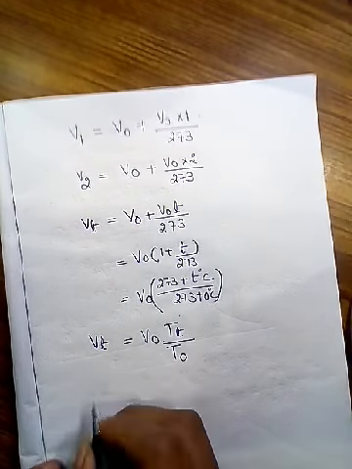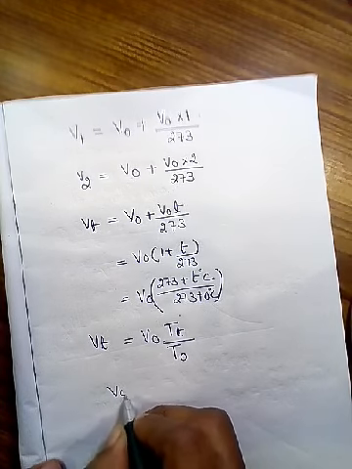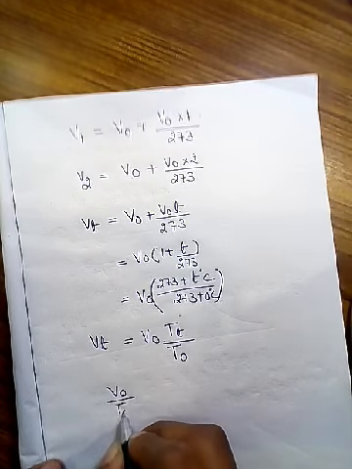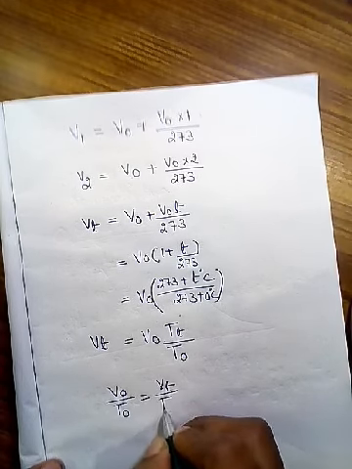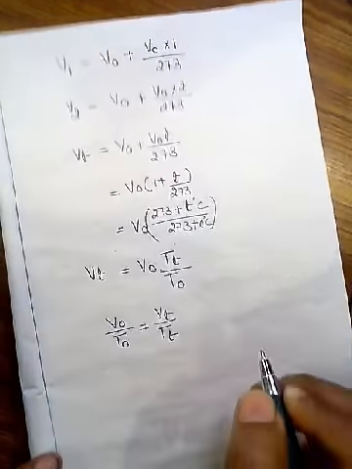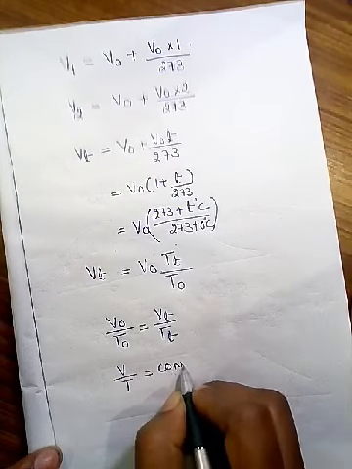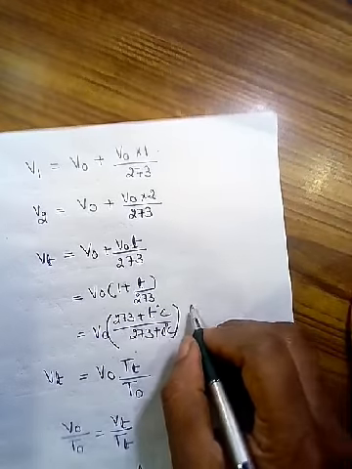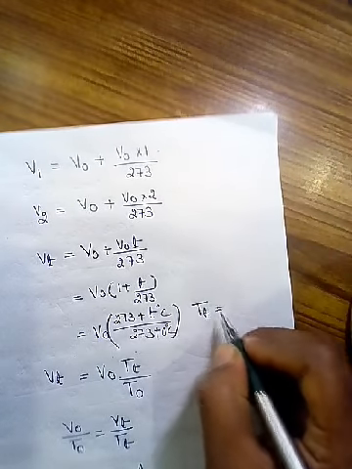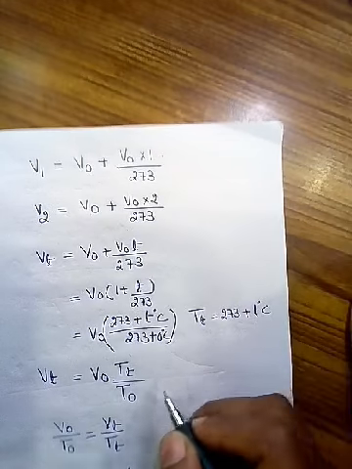So we can put it together: V0 by T0 equal to Vt by Tt. Or we can give it as V by T is equal to constant. Now here we have taken capital Tt is equal to 273 plus t degrees Celsius.